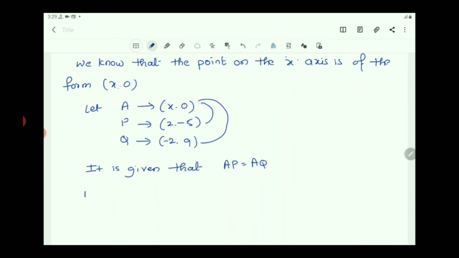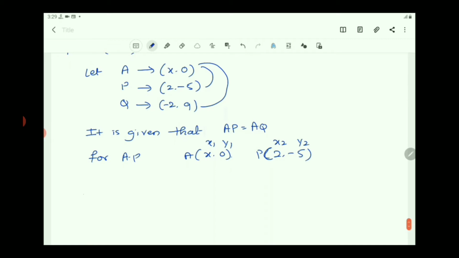Now for AP, A is a point (x, 0) and P is a point (2, -5). So you consider these as x1, y1 and these as x2, y2. Now you take AP equals what?